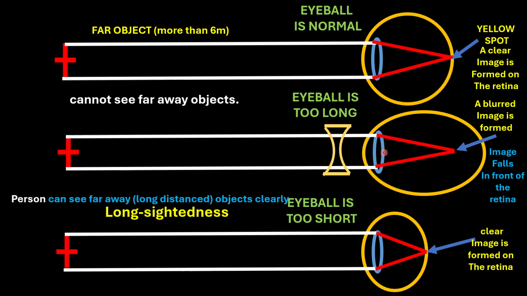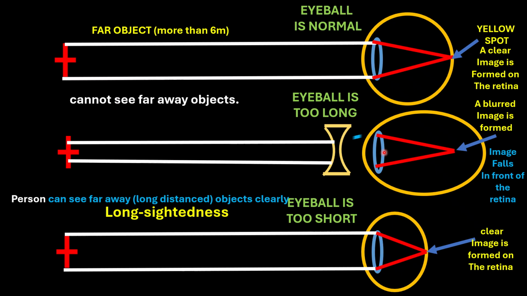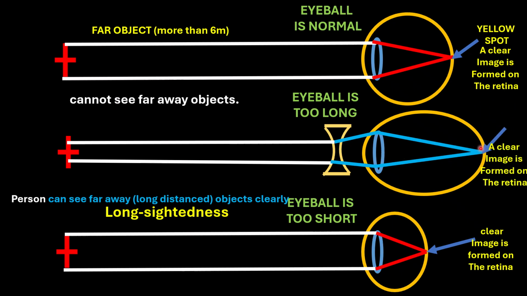By giving the person biconcave glasses or lens to wear, something different occurs. The direction of the light coming from the object is now diverged. It is pushed back a bit so that the lens can reposition and refract them onto the retina.